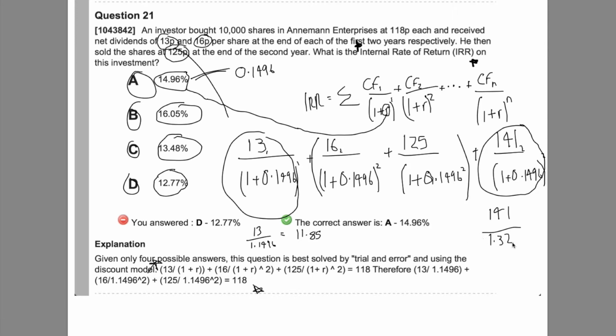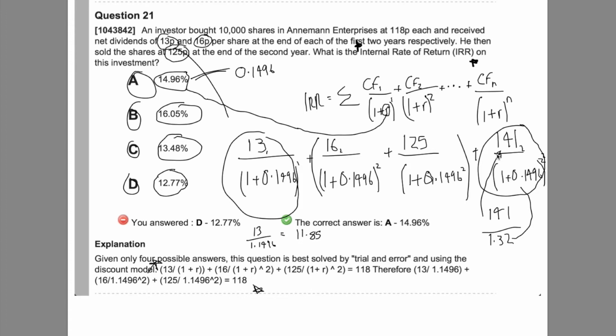Okay, so do you understand where that's coming from? The 1.32 relates to 1 plus 0.1496, which we're squaring. And the top bit relates to 1.41.